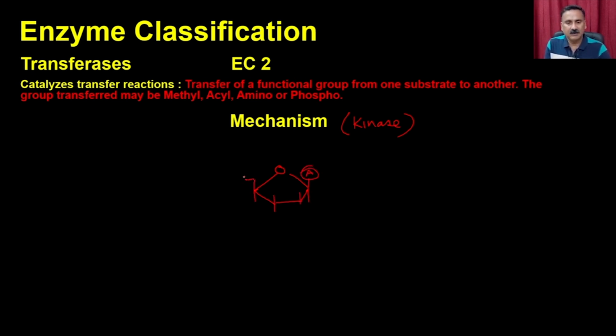This is the ATP molecule that the kinase is going to use for its reactions, and this is the sixth carbon. It is going to transfer the group onto the alcohol group.